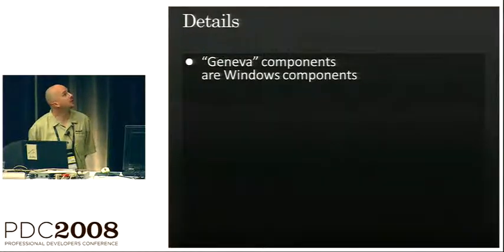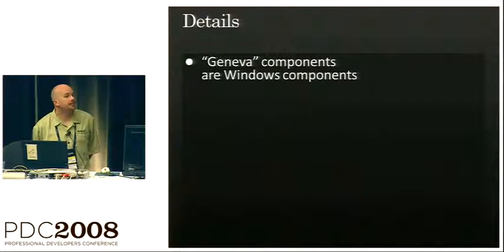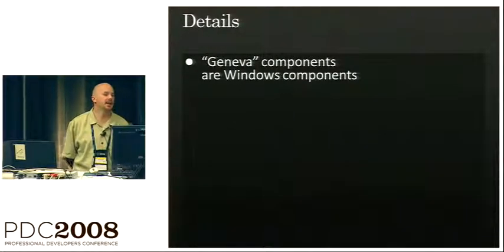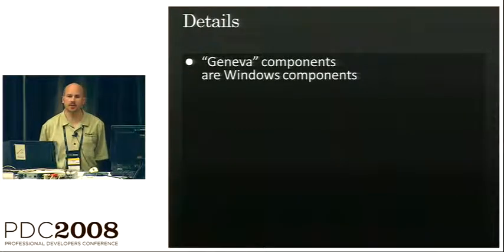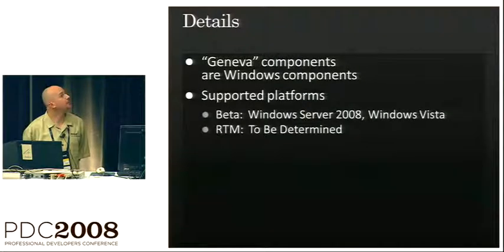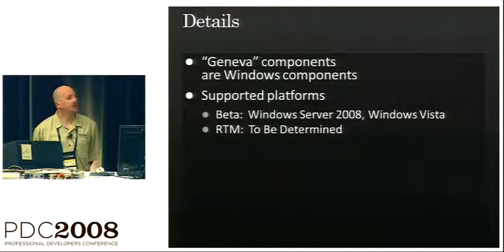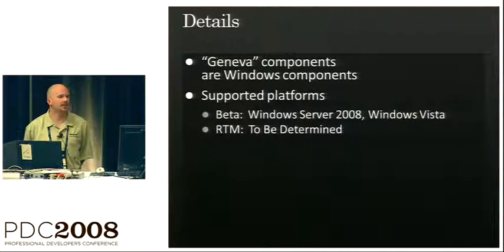CardSpace is still nominally associated with .NET. But the point here is that if you've paid for Windows, you get the Geneva components along with that. For the beta, we're going to support Windows Server 2008 and Vista. By RTM, we may well have added more platforms to that. We're still figuring out what our plans are along those lines.